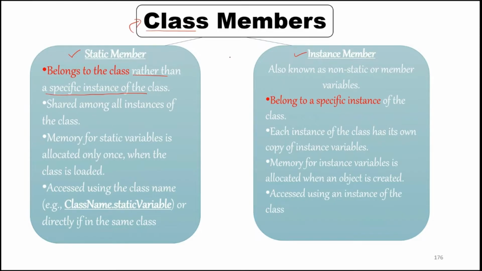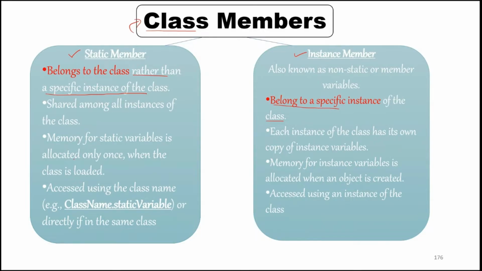This is the main point, and it's shared among all instances of a class. On the other hand, the instance member belongs to a specific instance of a class, that means a particular object only.